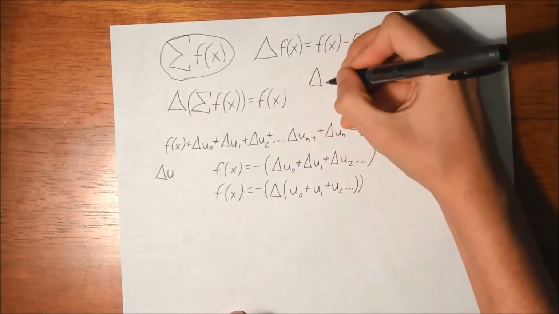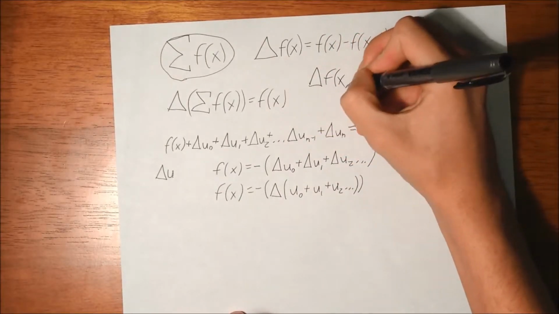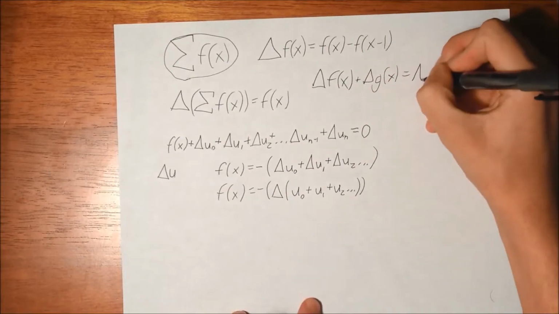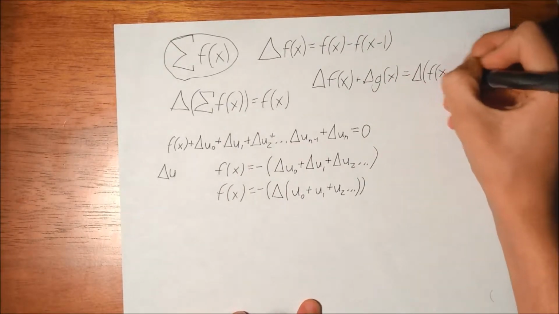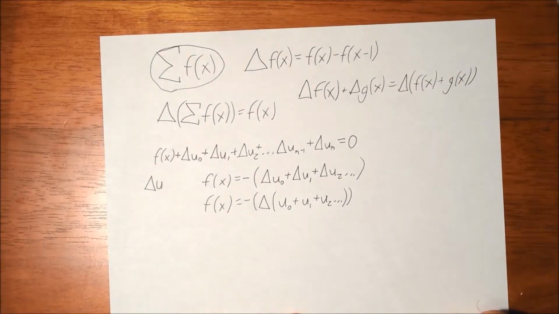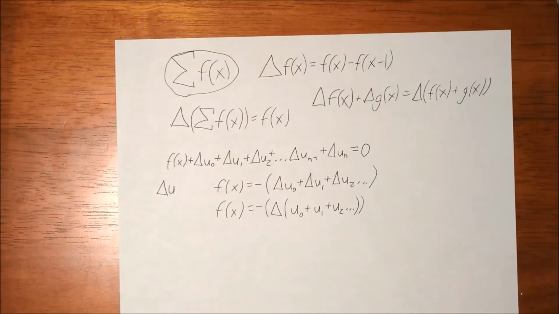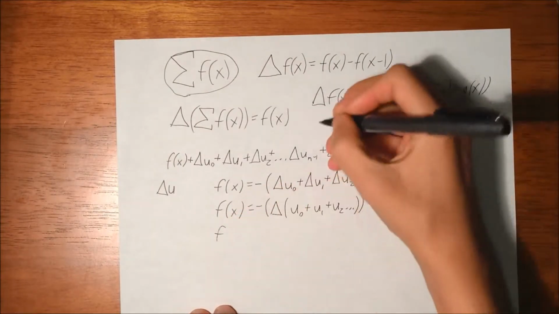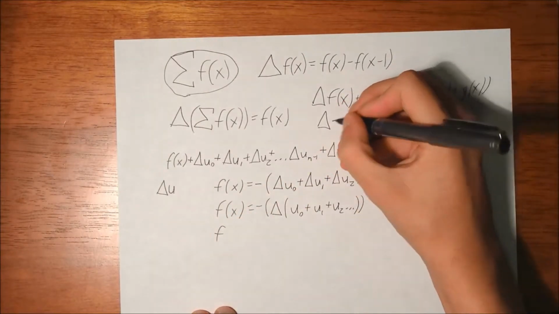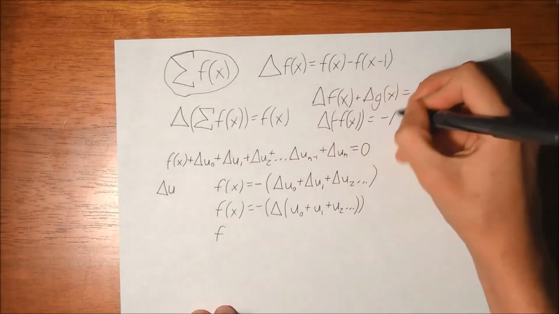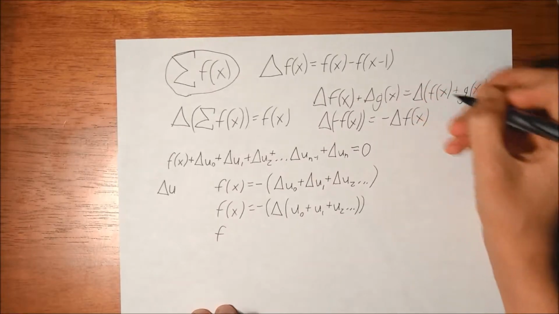Because delta f of x plus delta g of x is equal to the delta of f of x plus g of x. And another thing is, delta of negative f of x is equal to the negative delta of f of x.